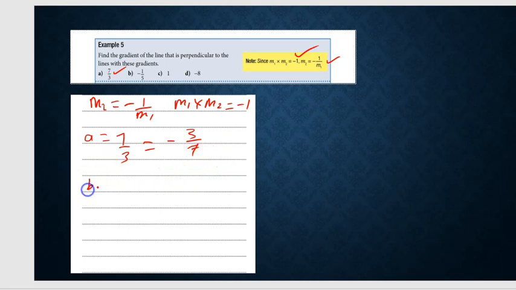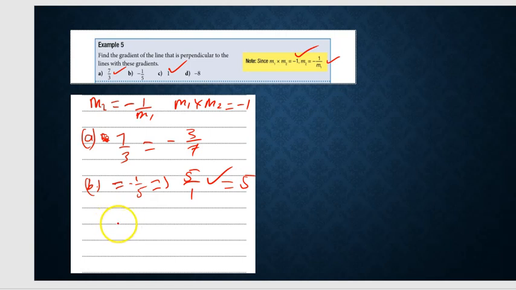B is -1/5. -1/5 becomes +5/1, and 5/1 can be simplified as 5. And then C is 1.